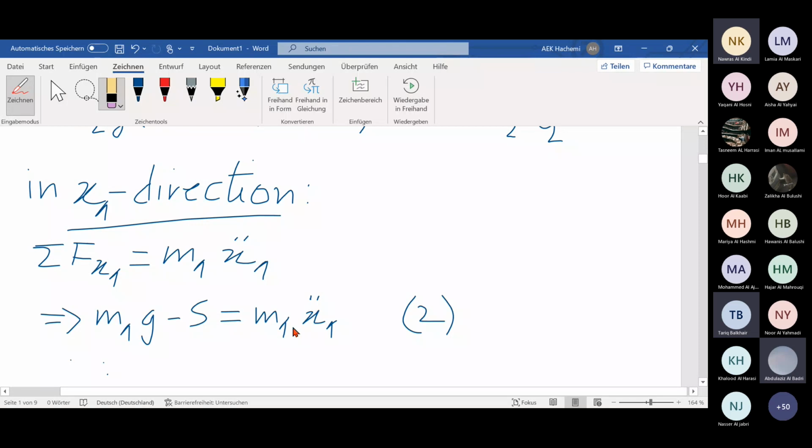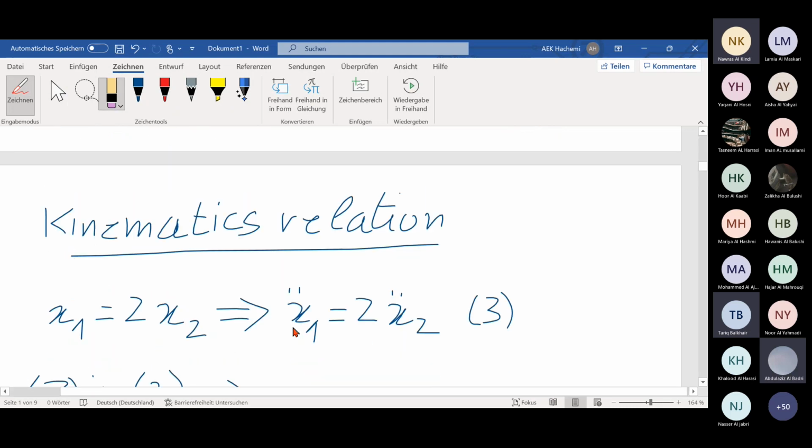When you are looking to determine the cable force or the acceleration, you need the third equation to solve the problem. The third equation will always be, in the majority of cases, the relationship between the accelerations, which we call the kinematic relation.